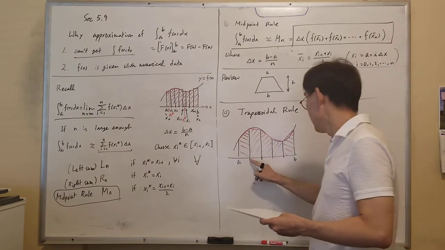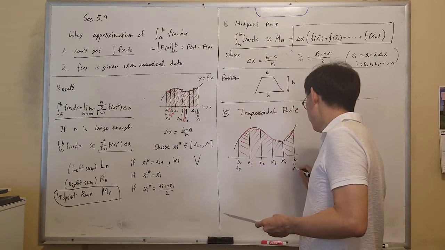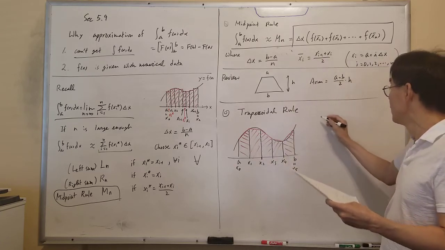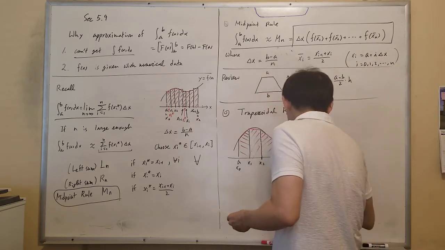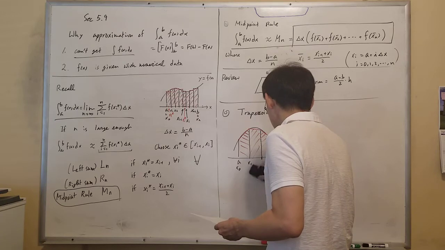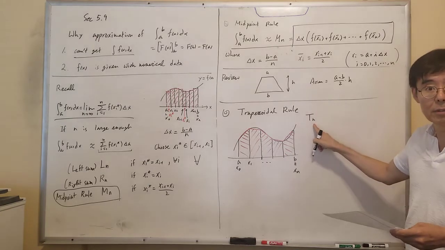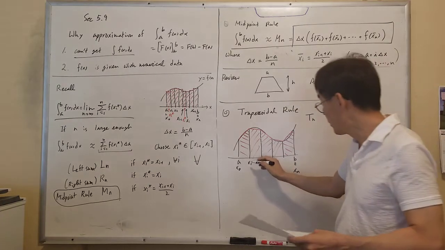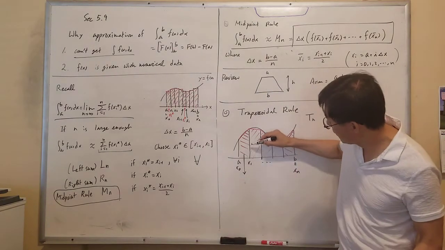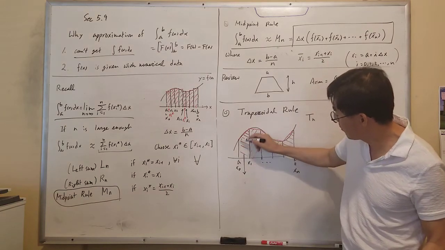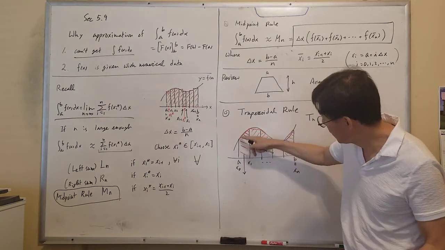Again, let's say this is x0, x1, x2, x3, x4, x5. In general, these are xn, even though it is 5, let's say. So when you have n divisions, what is the first area, A1? We consider that these two vertical line segments are parallel, so this is a trapezoid, right?